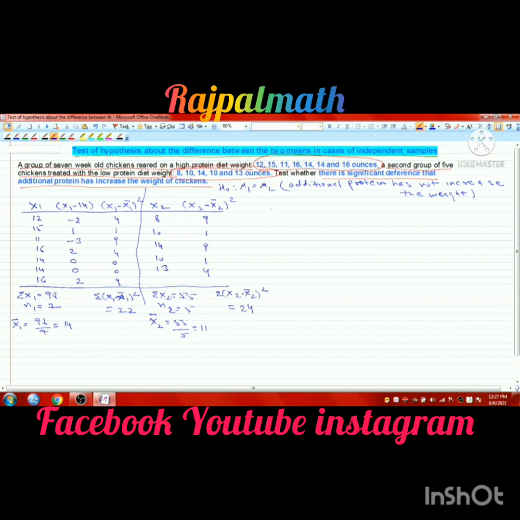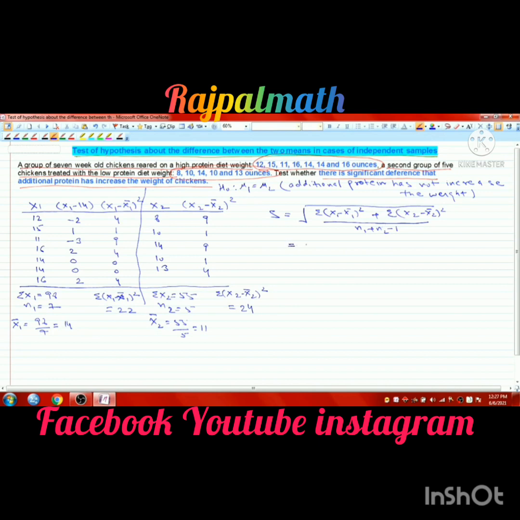Now we will calculate the standard deviation for the combined groups. Square root of summation (x1 minus x1 bar) whole square plus summation (x2 minus x2 bar) whole square, the squares of the deviations from the respective means, over the degrees of freedom n1 plus n2 minus 2.